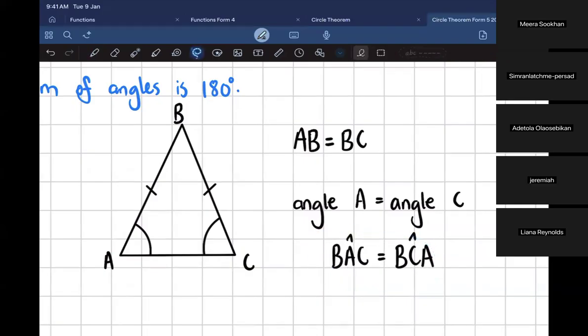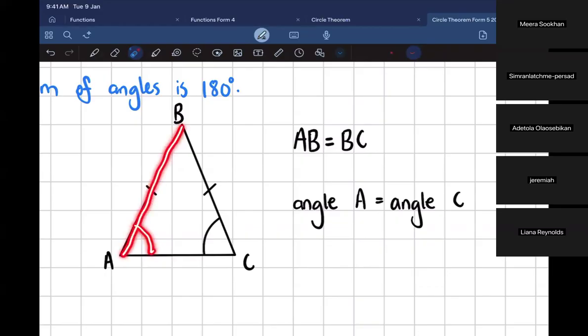Is there anybody that's confused by this notation? Tell me now, guys. Simran, you want me to explain it back? Okay, not a problem. So let's look at where angle A is.